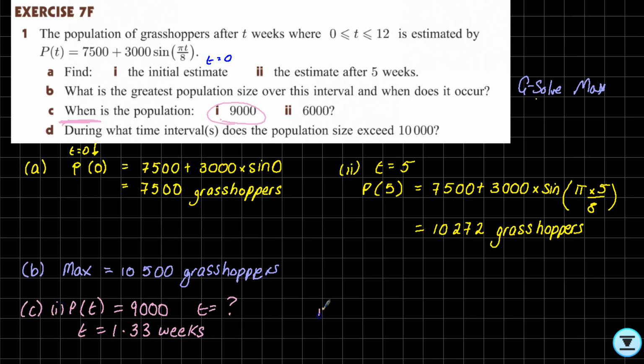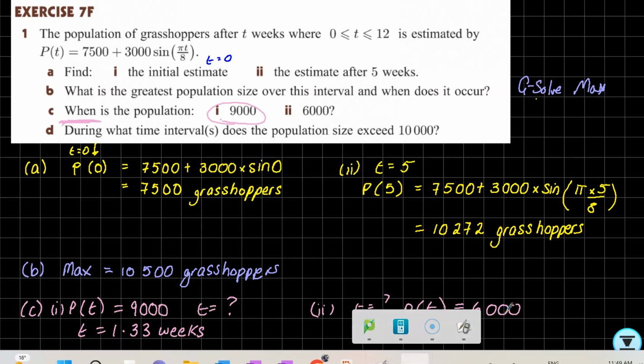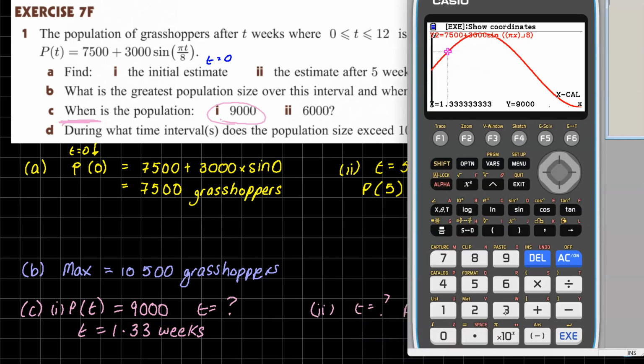We're going to do the same thing for part 2. This time we're going, what's T when the population is 6,000? So we go to our calculator.